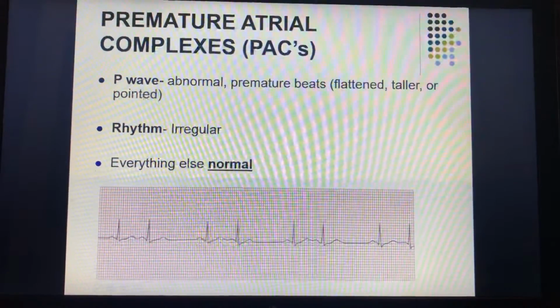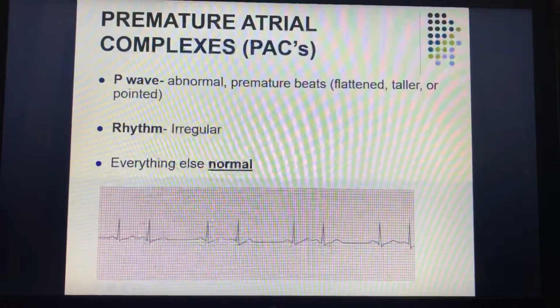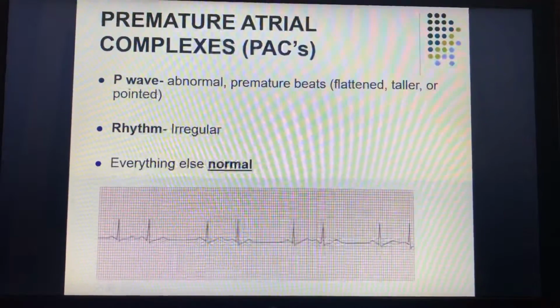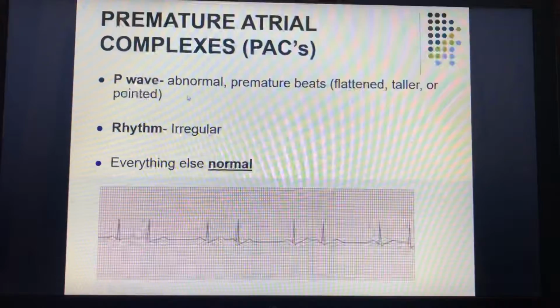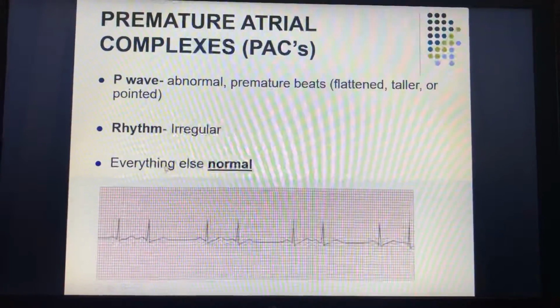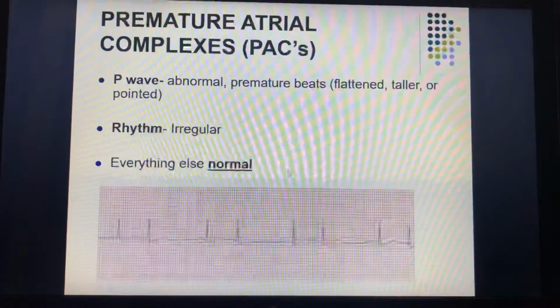That one's right on top of it. This one is barely there. This one's still rounded, but look, it looks so funny. This one does too. This one, there really isn't one. It's flattened. So, in your PACs, your P wave's going to be abnormal. Your rhythm's irregular, and everything else is normal, okay?